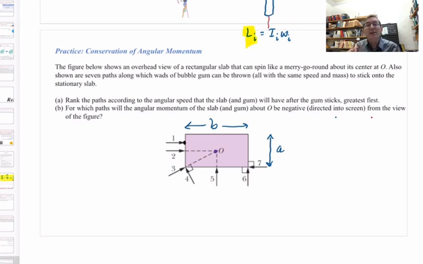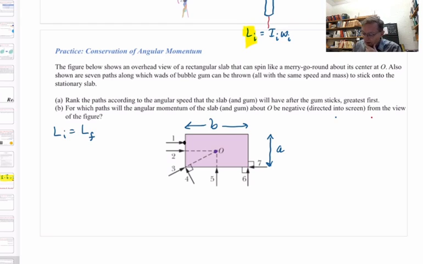So we're going to have 7 collisions one by one, and we're going to enforce conservation of angular momentum about axis O. Okay? So the angular momentum of the system just before the collision must equal the angular momentum just after. The system is the bubble gum and the merry-go-round. Okay? So the idea we're going to use is L initial must equal L final.